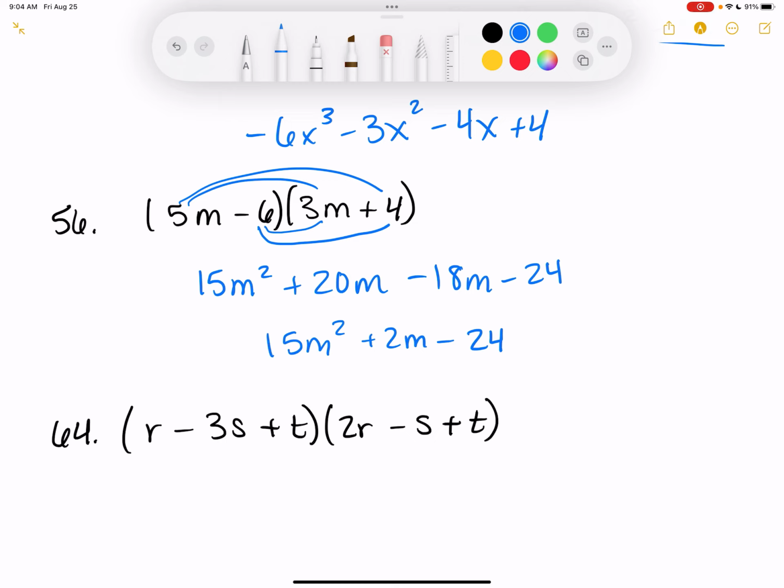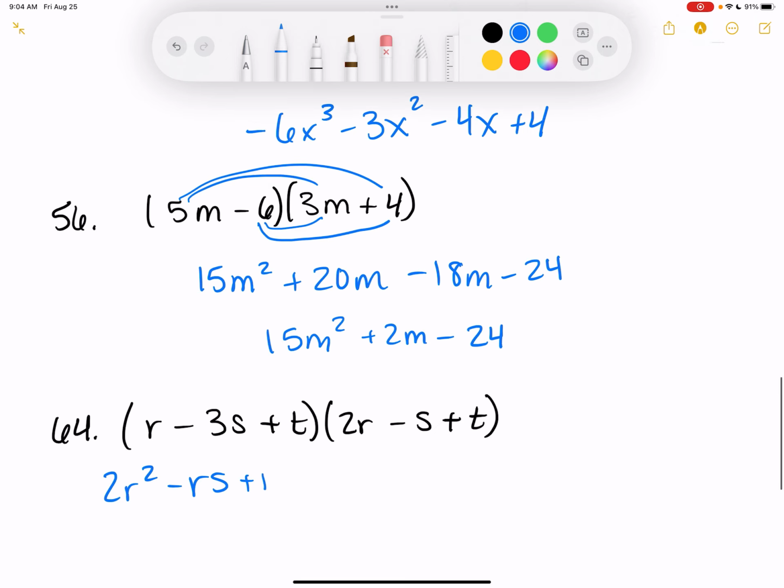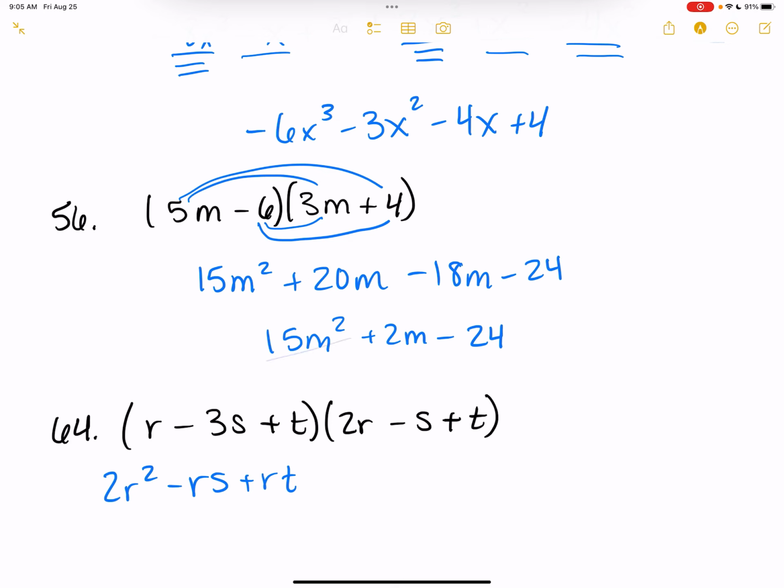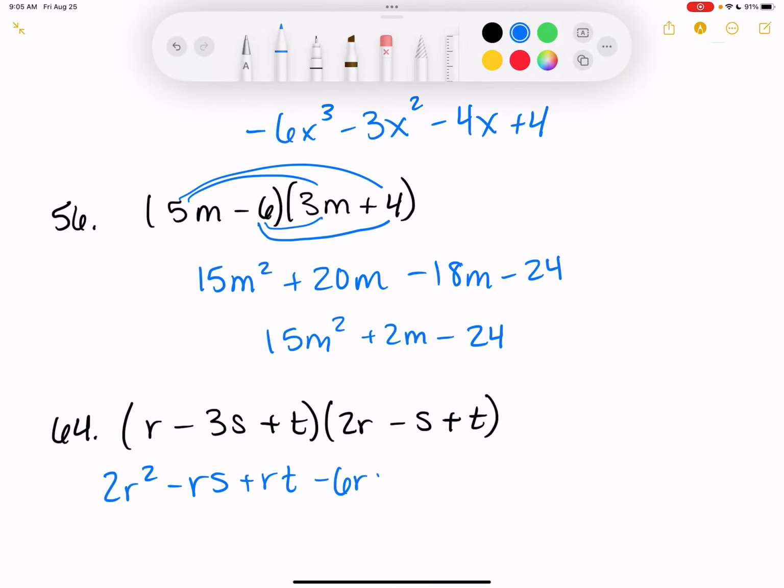So I've got r times 2r, so that's going to be 2r squared. R times negative s is negative rs. R times t is rt. So that took care of r. Now negative 3s times everything. Negative 3s times 2r is negative 6rs.